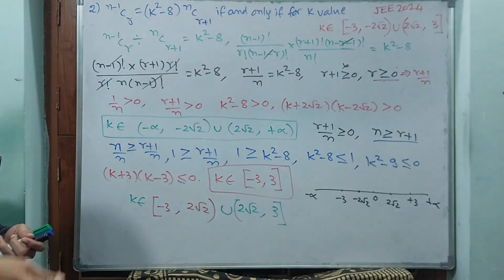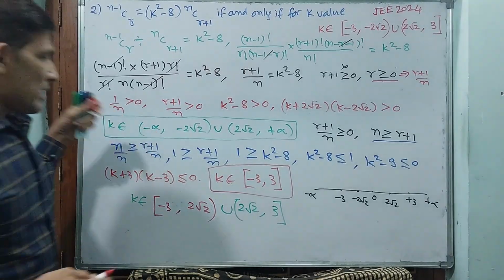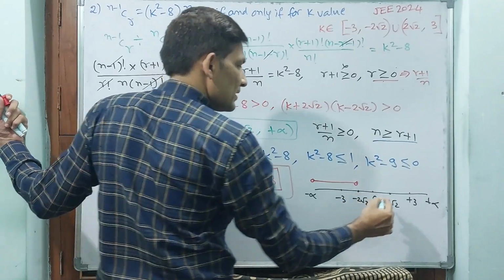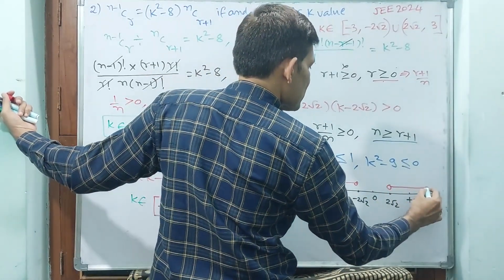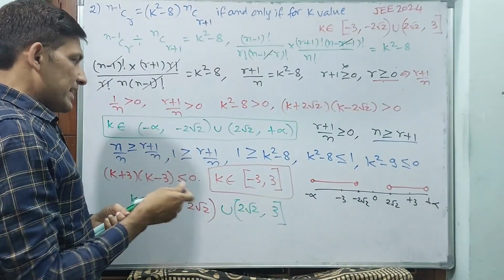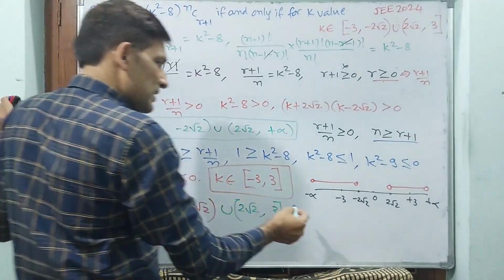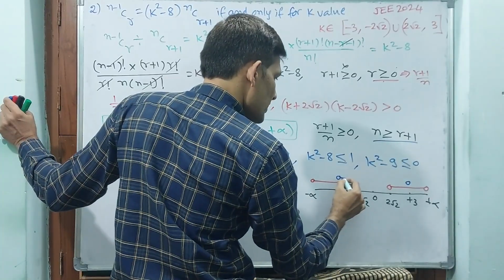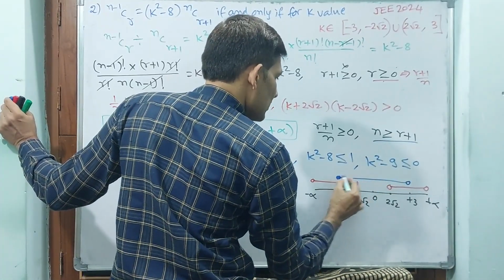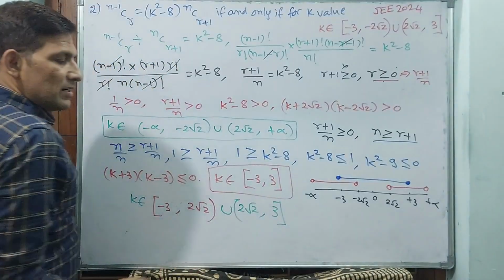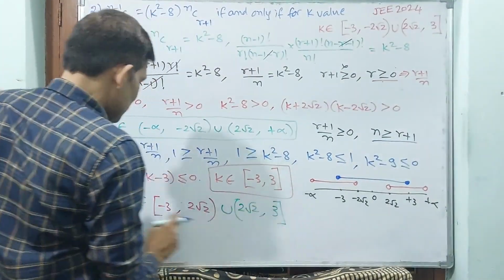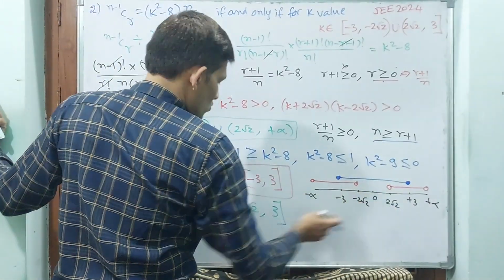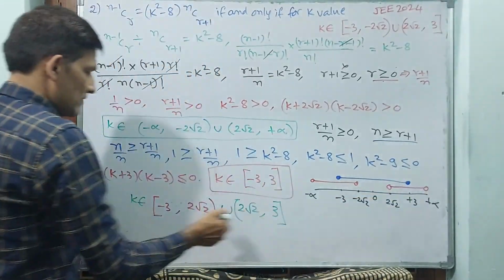Okay. See, first of all, the first one is minus infinity to minus 2 root 2, open interval. Here also 2 root 2 to plus infinity, open interval. Second one, minus 3 to plus 3, but closed interval. Now you have to take this only: minus 3 closed interval to minus 2 root 2 open interval, union 2 root 2 open interval to plus 3 closed interval. Okay, this will be your answer.